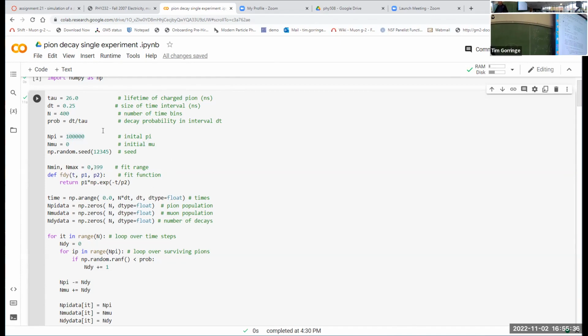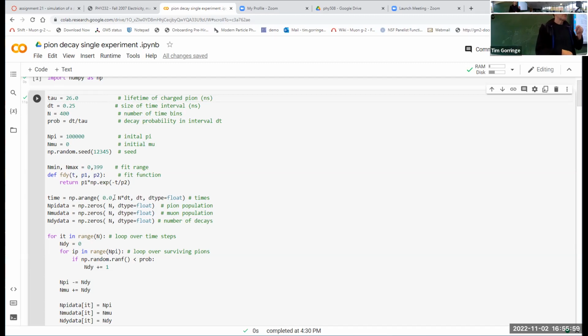So I've got basically one cell here that is going to generate the exponential decay curve that we would obtain in the experiment. So this is the Monte Carlo piece.